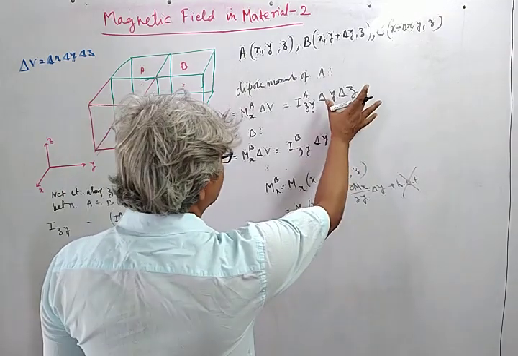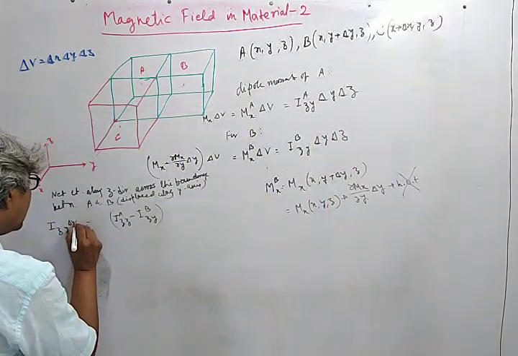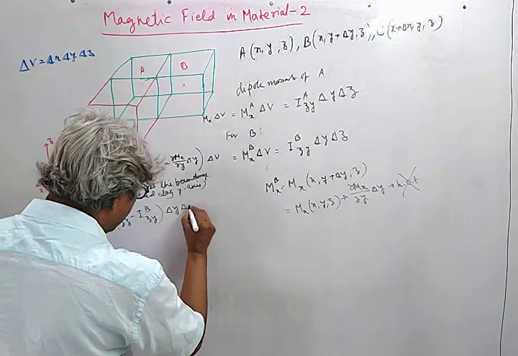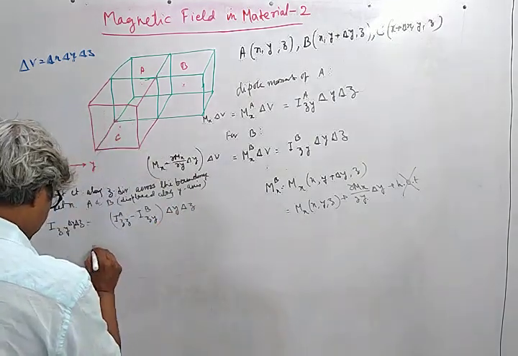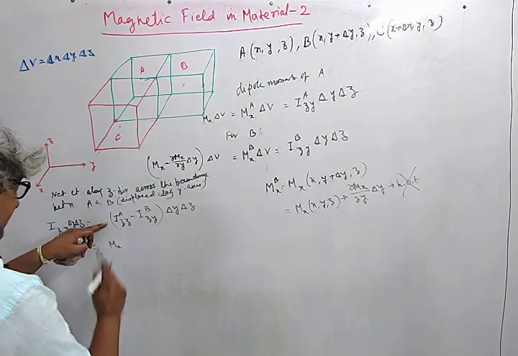Things become simple if we multiply it by delta y delta z. So this is simply m_x for this.